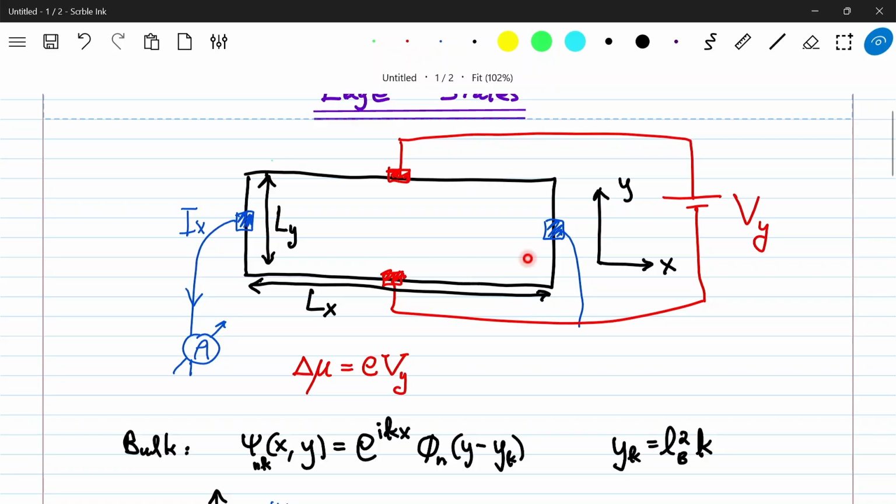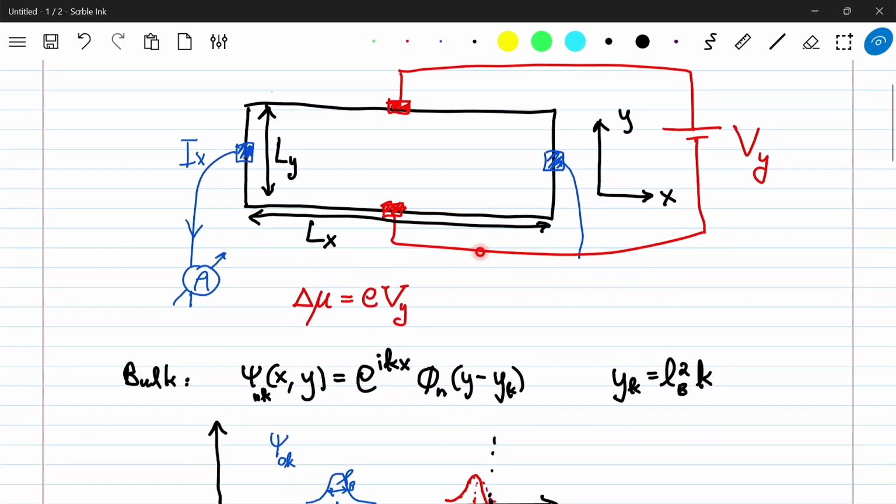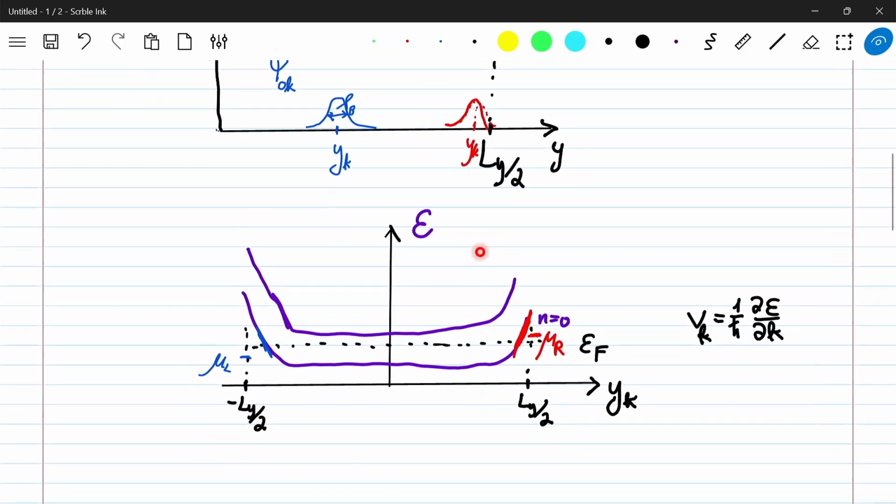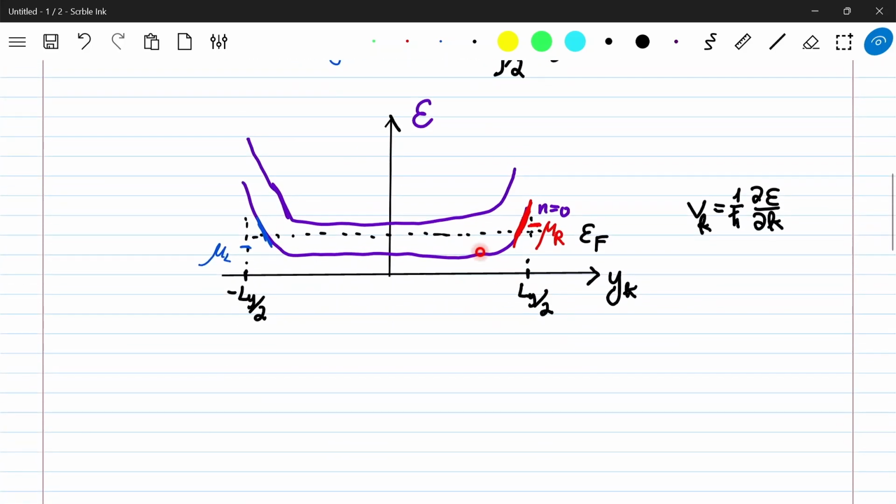But notice once again, the voltage I apply is in the transverse direction, let me go back to the configuration of the measurement, but the current will flow in the x direction. Now let's calculate this current, and you'll see that in one line I get the result that we expect to get.